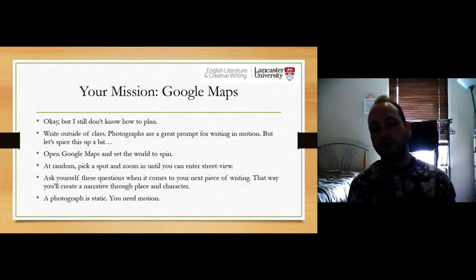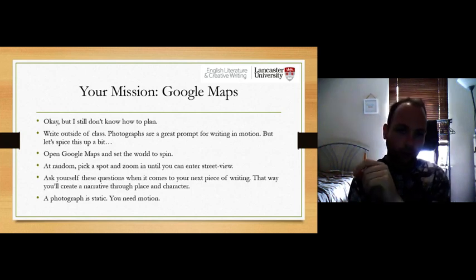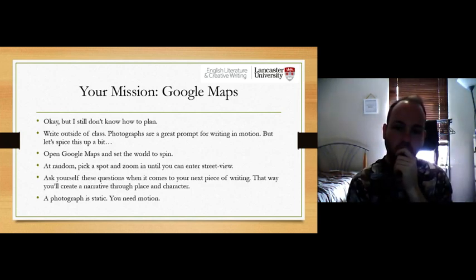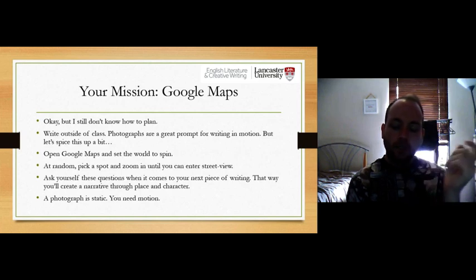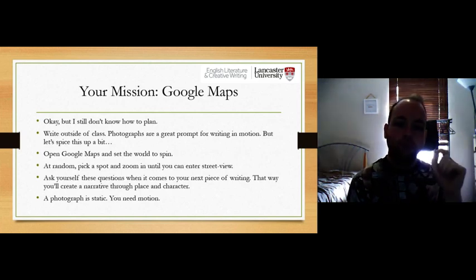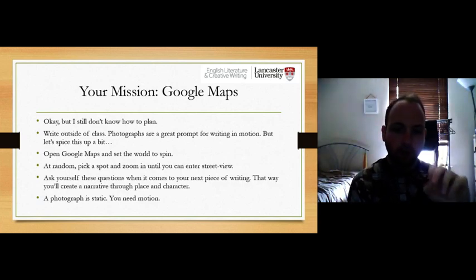Okay, once you've opened Google Maps, you want to set the world to spin. Pull it round, rotate it. Get your hand in motion. Keep going. And then, at random, start zooming in. Pick a spot anywhere in the world, start zooming in.